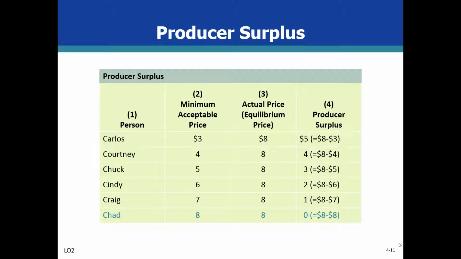Each producer has a different minimum acceptable price they're willing to sell at, in column 2, from a low of 3 to a high of 8, depending upon their individual marginal costs, land, labor, capital, etc. All the producers must sell at the competitive price, at the equilibrium price. All generate a producer surplus, but Chad, as his costs must be the highest.